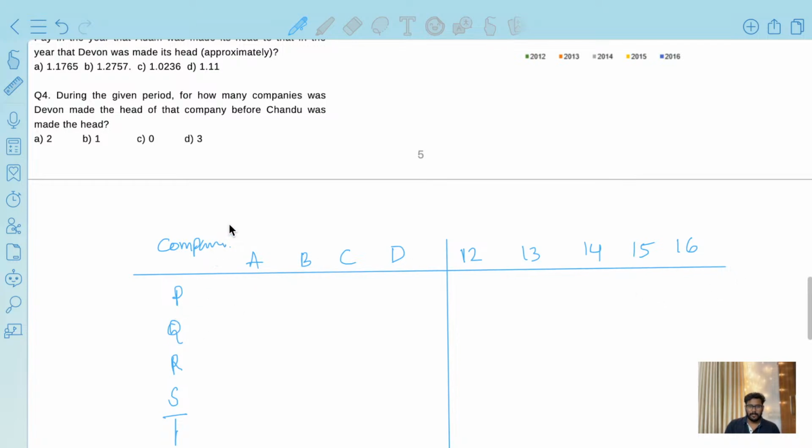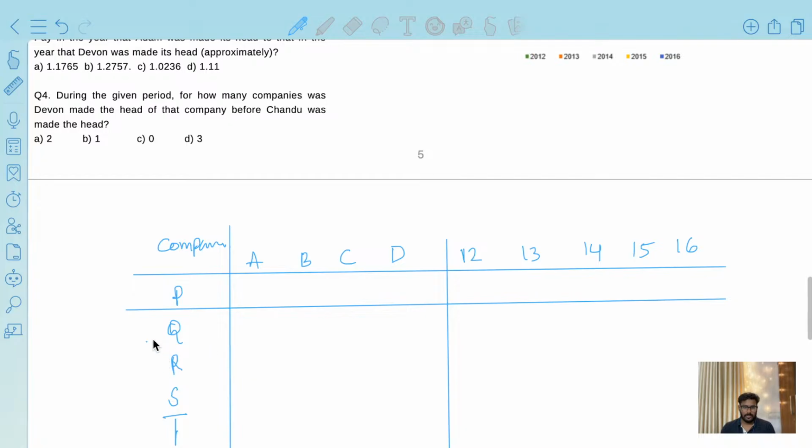So company P has to be headed, and this 5 year.